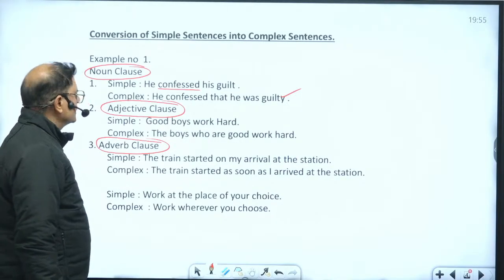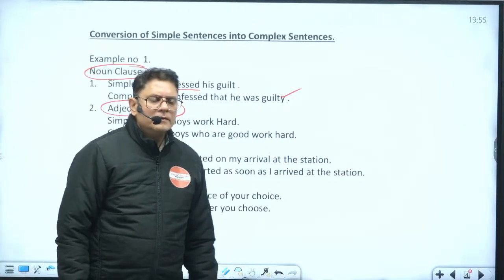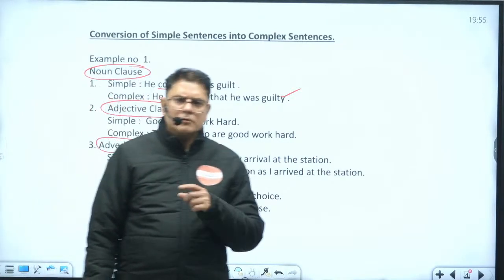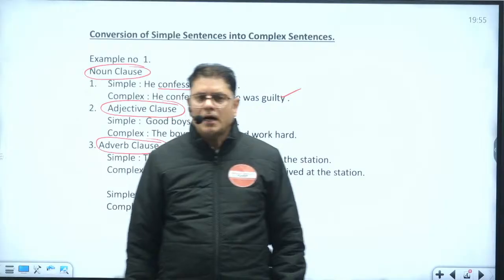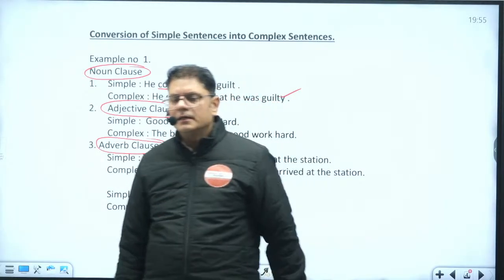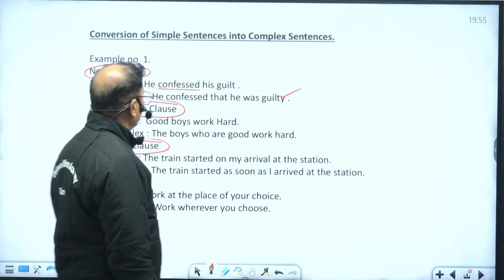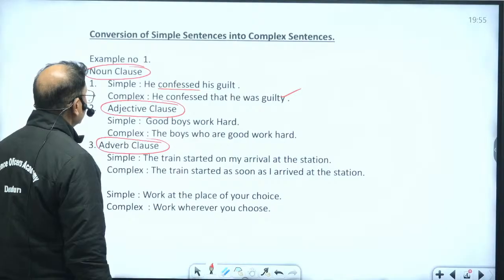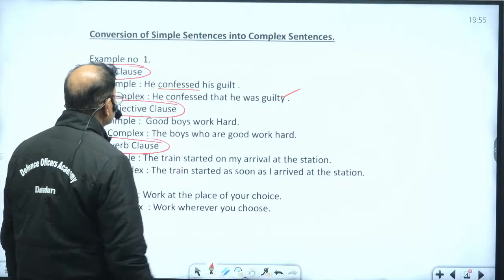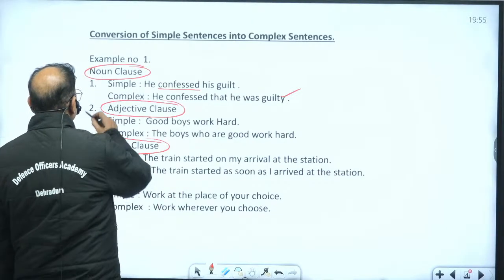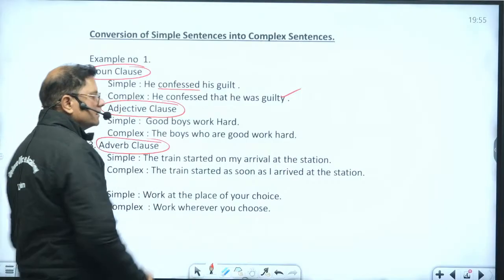So in the complex sentence, one is the main clause and the other is the dependent clause there. I hope you will find it easy to understand. Now look at the other one.